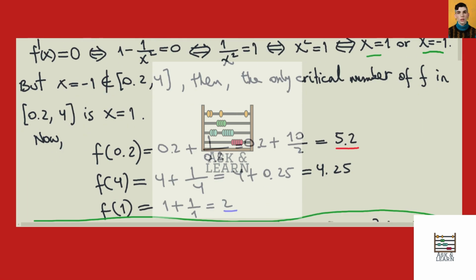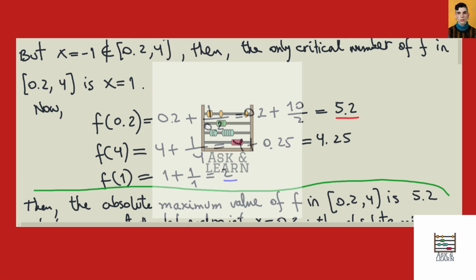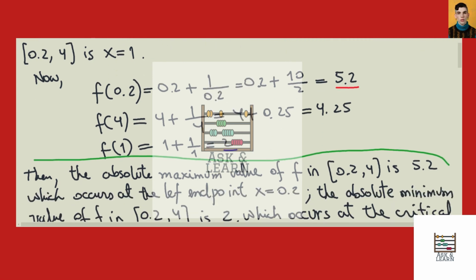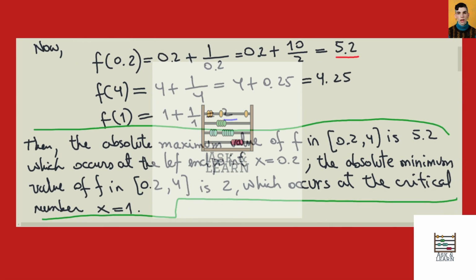In this case it is x = 1, and now we evaluate the function at this critical point x = 1 and at the endpoints of the given interval, and from these three values we found that the absolute maximum value is 5.2, attained at the left endpoint of the interval, 0.2, and the absolute minimum value of the function over the interval [0.2, 4] is 2, attained at x = 1, which is the only critical number of f in the interval.